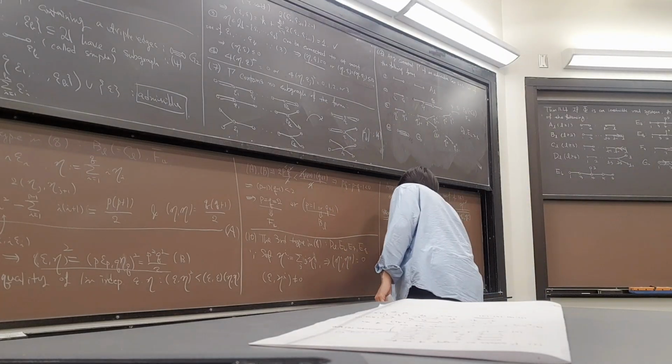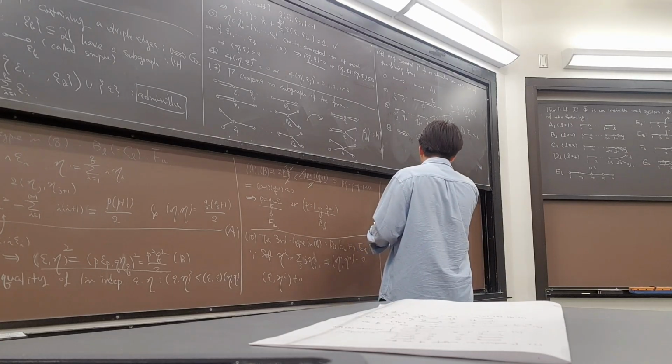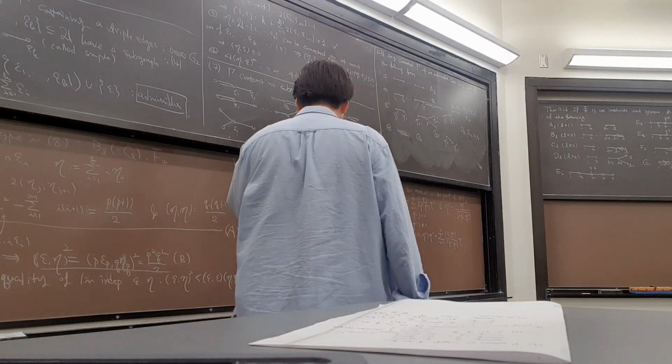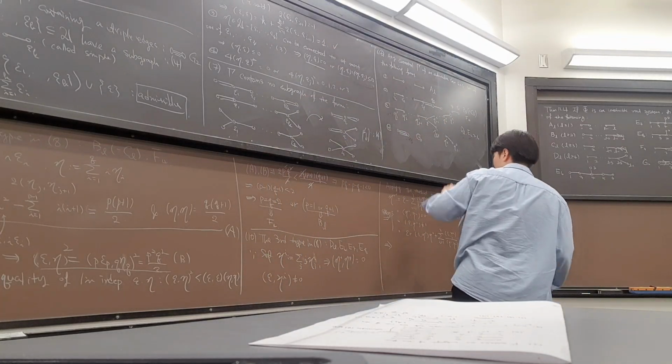So that gives us that epsilon is just a unit vector, right? Yeah, epsilon is just in the diagram, so it's a unit vector.